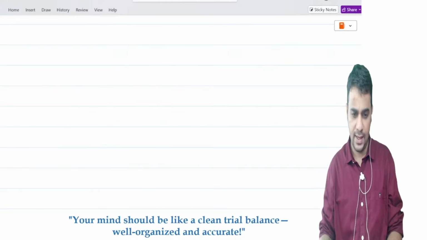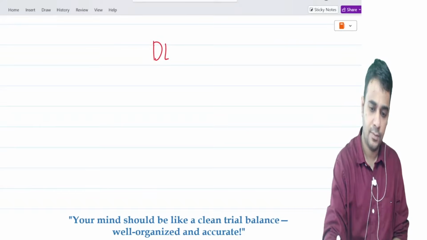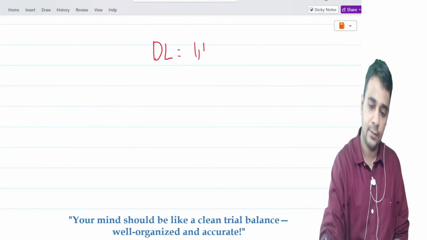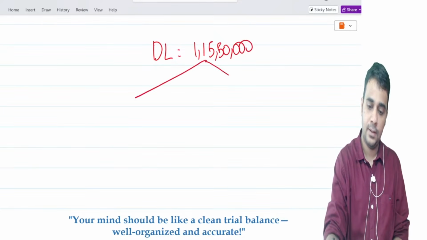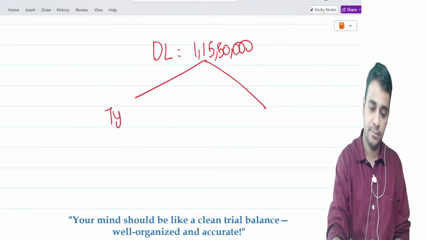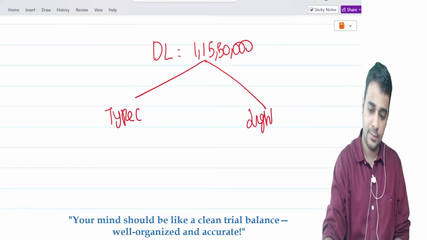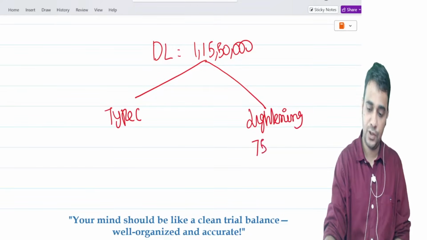How much is the direct labor cost? 1 crore 15 lakh. Type C, 75,000 units.